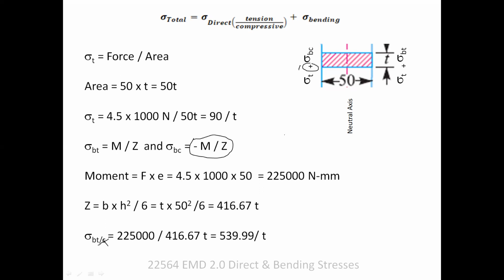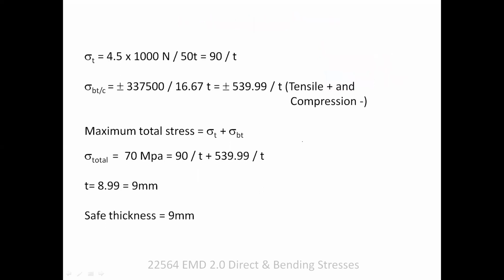So sigma T direct stress is 90 divided by T, and for sigma BT I have considered plus minus both, but out of that we must take plus only.